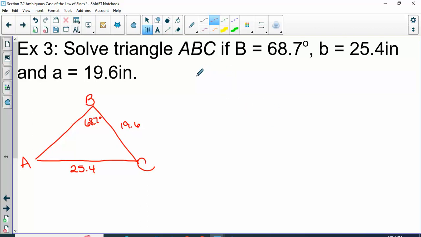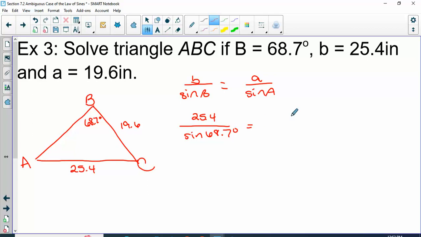What do we have to use? So B over sine B equals A over sine A. Side B is 25.4. The sine of 68.7 degrees equals 19.6 over sine of A.